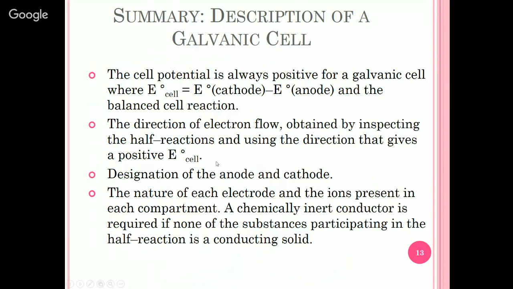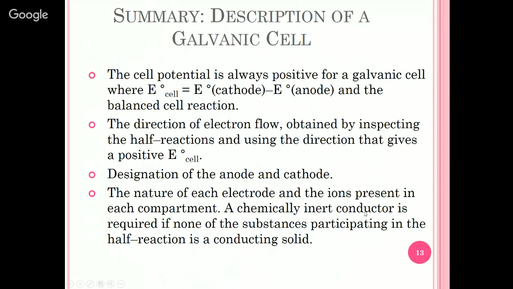So we designate which is the anode, which is the cathode. In the galvanic cell, anode is oxidation, cathode is reduction. We also indicate the nature of each electrode and the ions present in each compartment. So we want to indicate what states are present. And as I mentioned in the last slide, we use an inert electrode or conductor if none of the substances is a conducting solid.